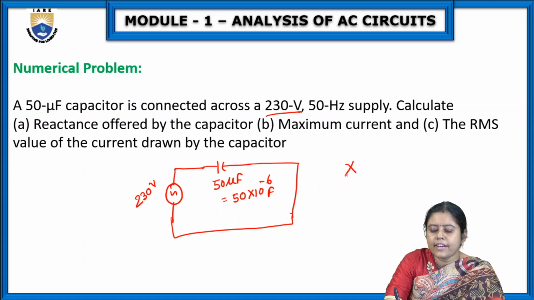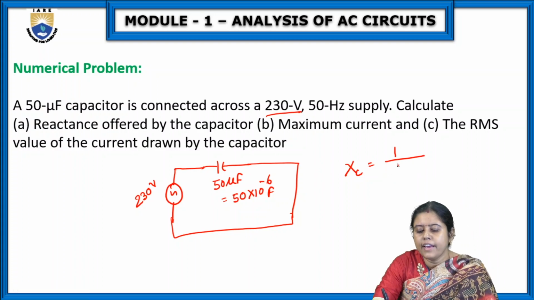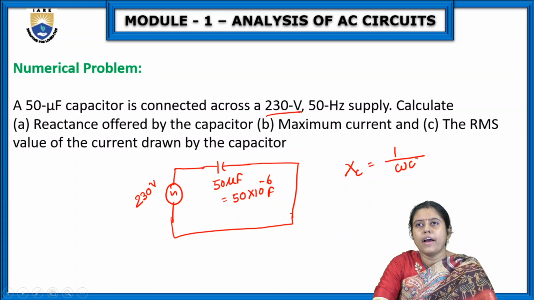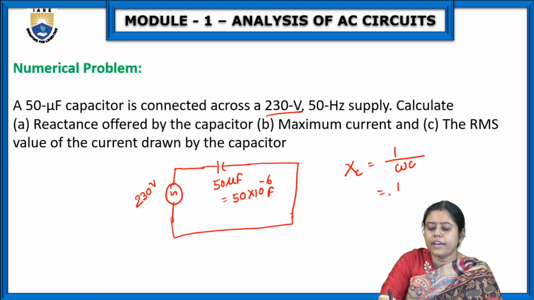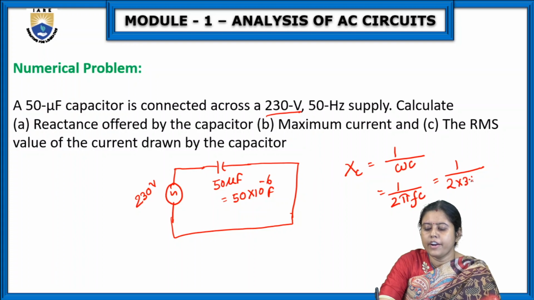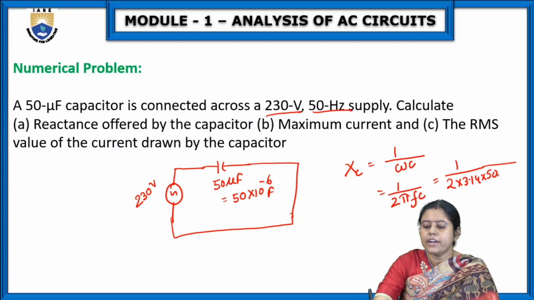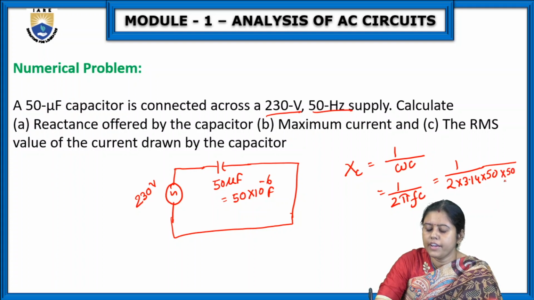So what is the XC? XC is equal to 1 by omega C. So we can write 1 by 2 pi f into C, where f is 50 because the supply is 50 hertz, and C is 50 into 10 to the power minus 6.